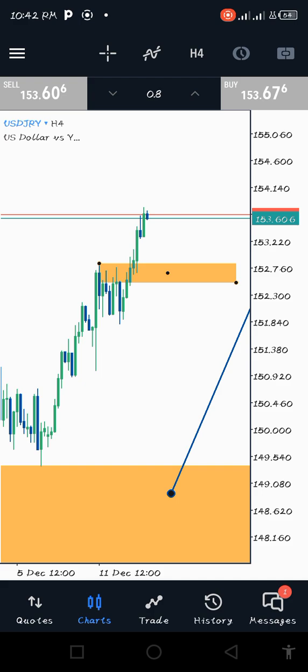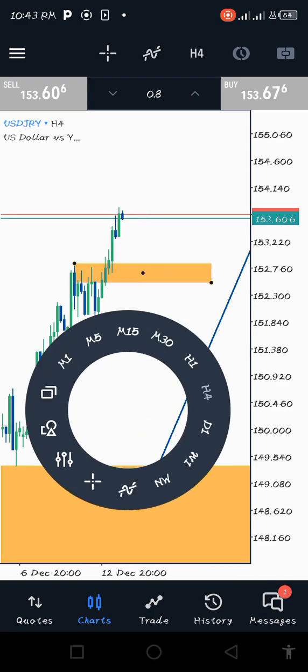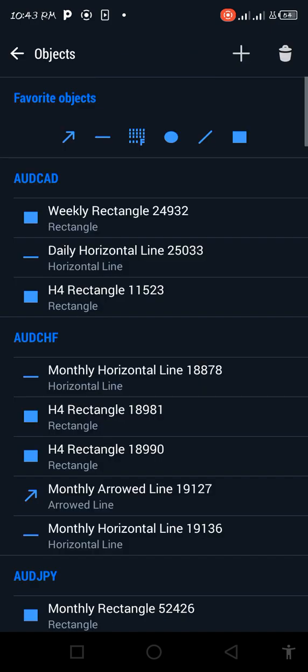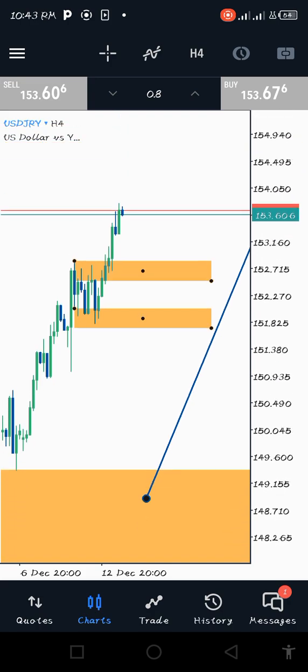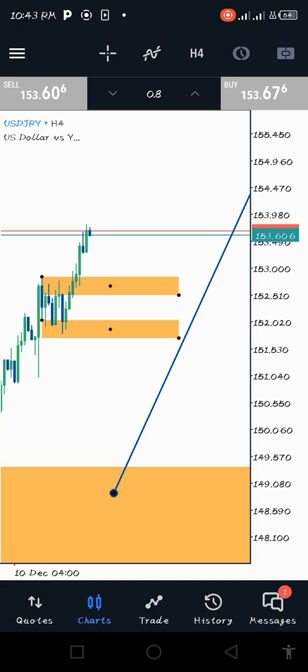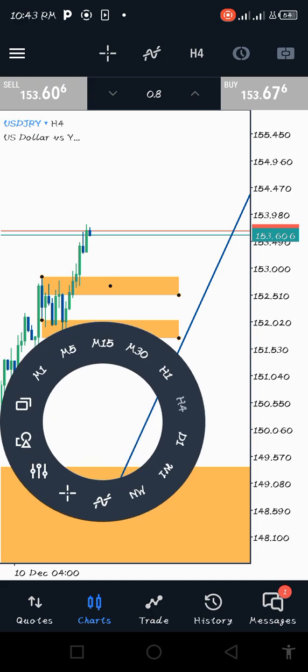Just like that. That is one zone where we can consider taking buying opportunities. If price doesn't hold from that zone, then we can consider this lower zone for buying opportunities. That confluences with the three circles that make up price movement in FX.